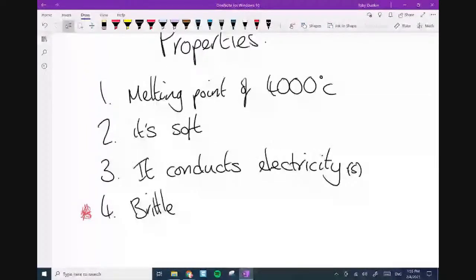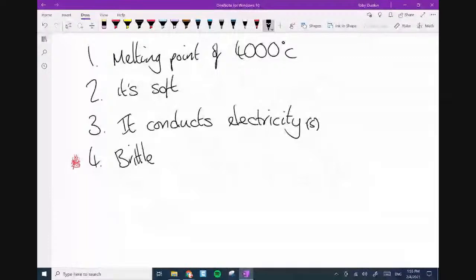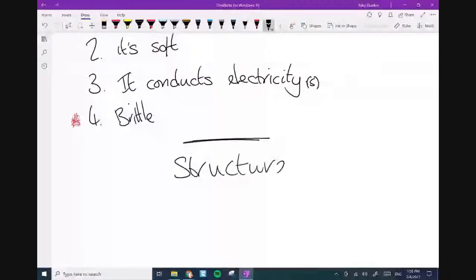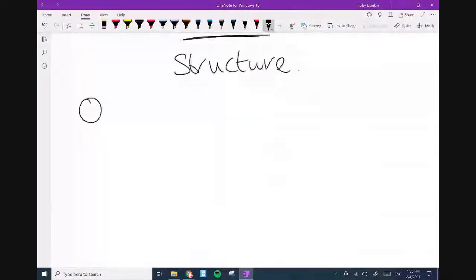Now that we've got the properties, we need to investigate its structure. So we can put a new subheading of structure. Number 1, it is made of pure carbon, so all the atoms here are carbon. But graphite is kind of special because in graphite you've got 2 images.